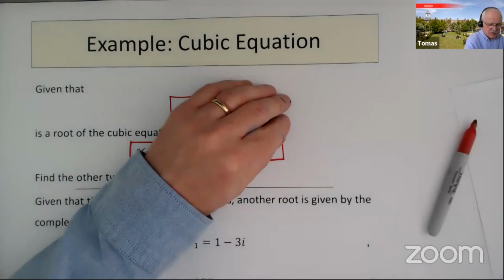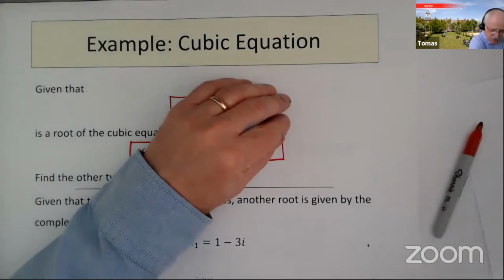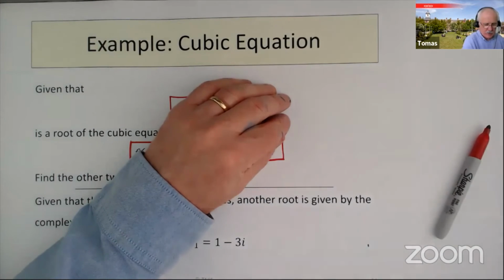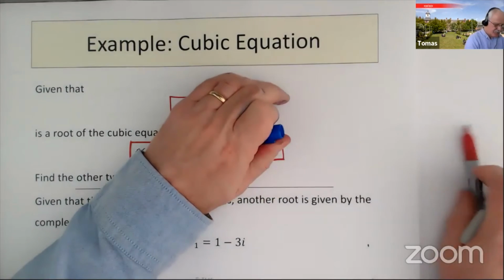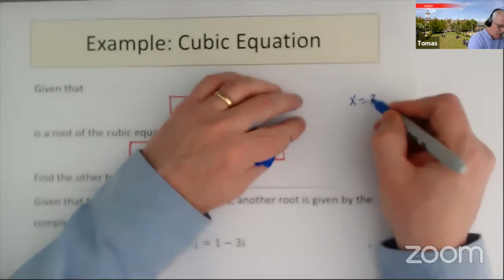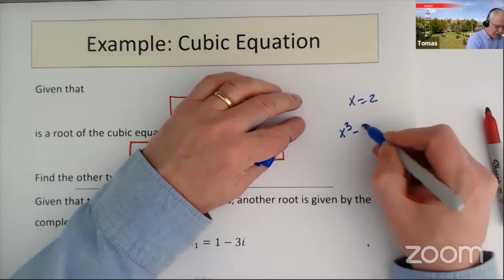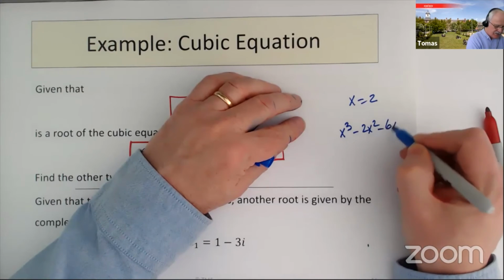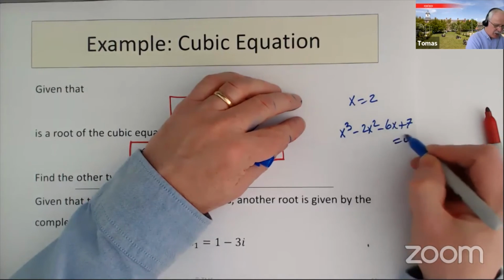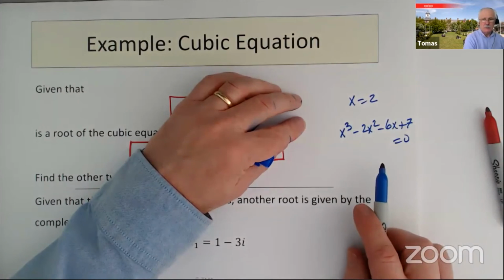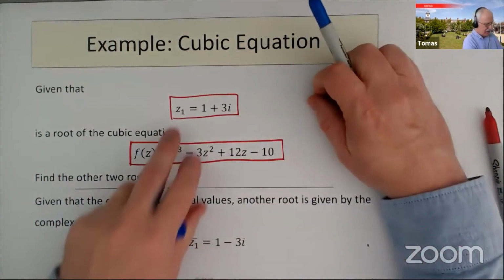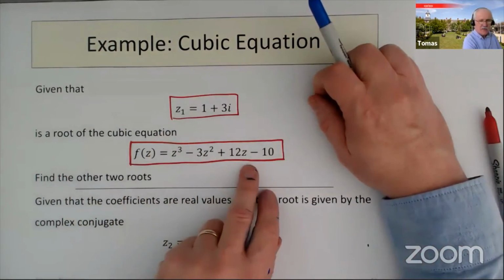Imagine if this was not in complex numbers. They would have said something like this: x equals 2 is a root of the cubic equation x cubed minus 2x squared minus 6x plus 7 equals 0. Find the other two. Here they're saying this is a root of this.